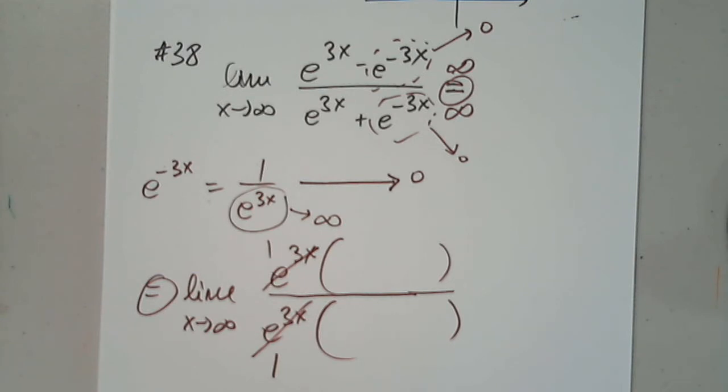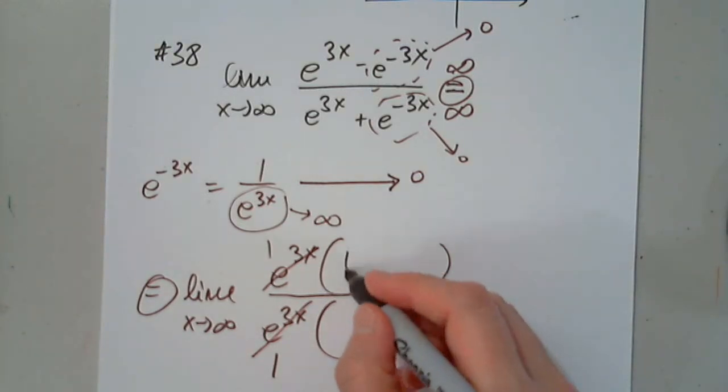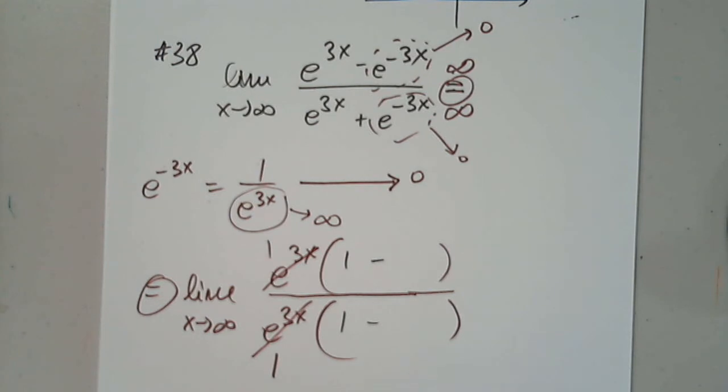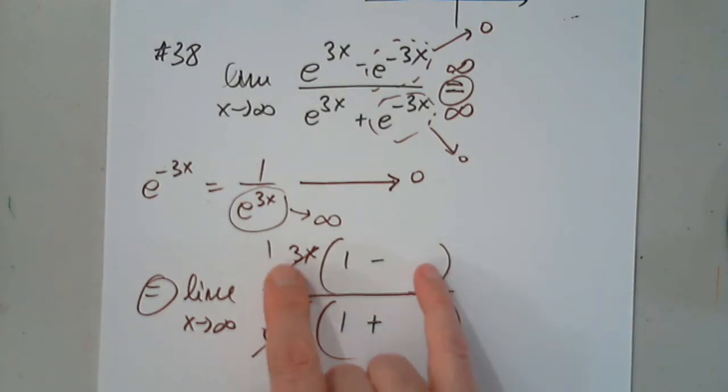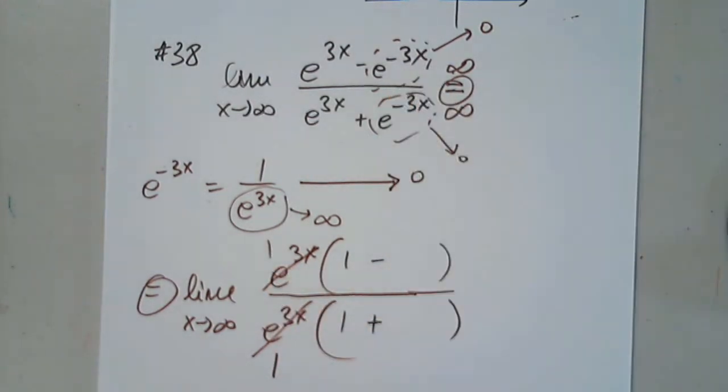Anyone? Can anyone tell us? Of course, the first one is 1, right? And what about this piece? So that when I multiply these two pieces, I get e to negative 3x.